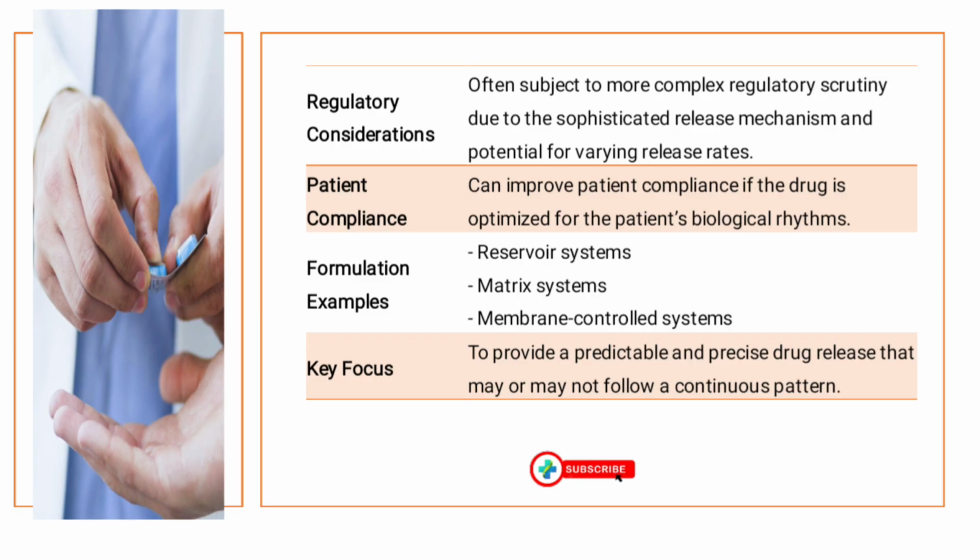So students, in this system the drug is embedded into a matrix which is usually made up of polymer or other material, which slowly dissolves or swells in the body, gradually releasing the drug over time, and the release rate depends on the composition and structure of the matrix as well as interaction with the body fluid.